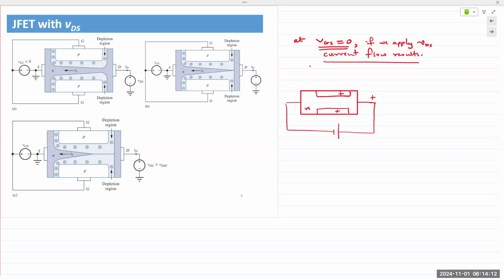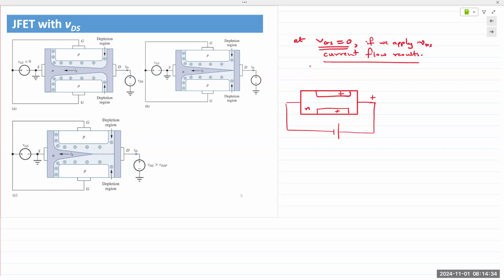So this is the case where VGS is not being applied. VGS is at 0. In the previous case, VDS was 0 and we were increasing the negative voltage at VGS. Now VGS is at 0. You're increasing the positive voltage at the drain. VDS is increasing positively.